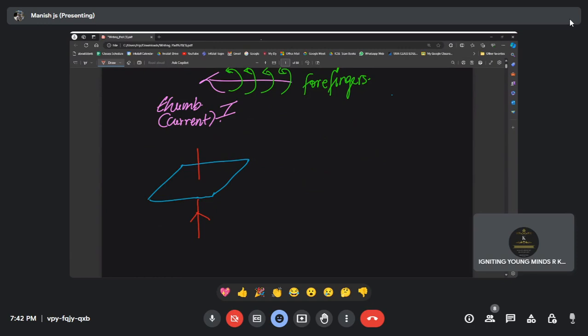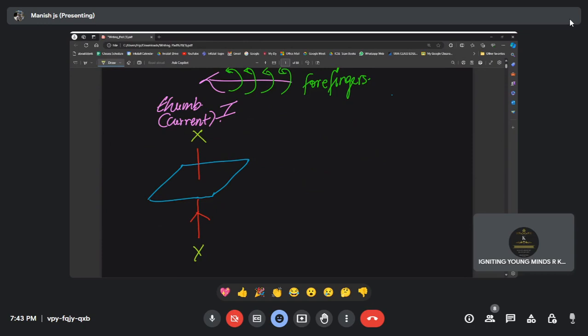Let me mark two points, X and Y. X is the uppermost region, and Y is the lower region of the wire. As you can see, current is flowing from Y to X, from bottom to top, the way I have represented.